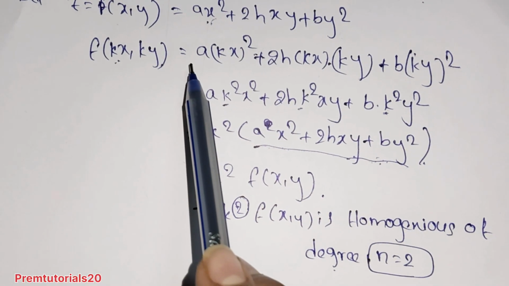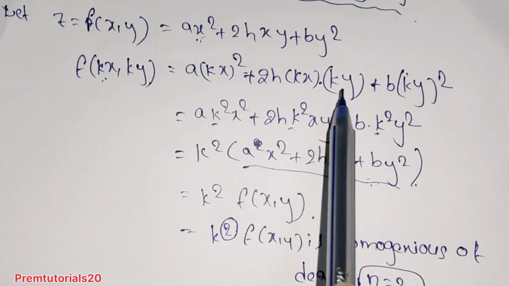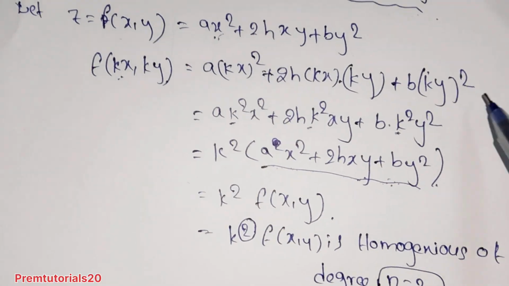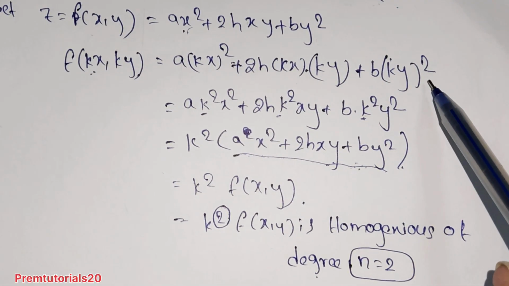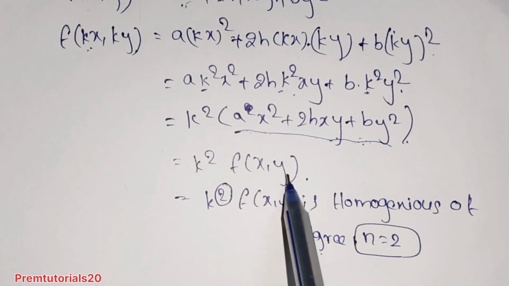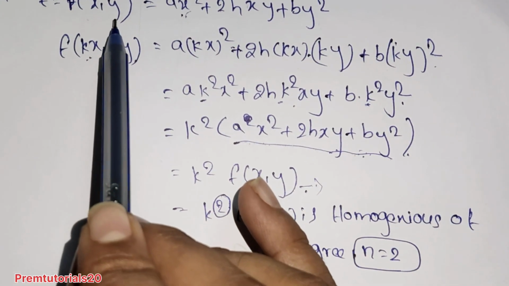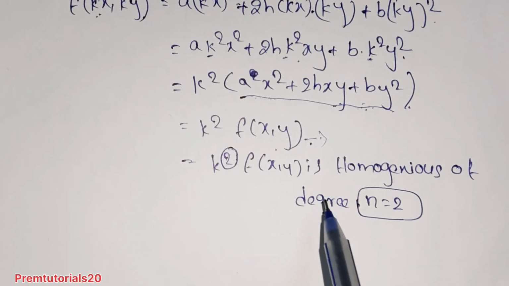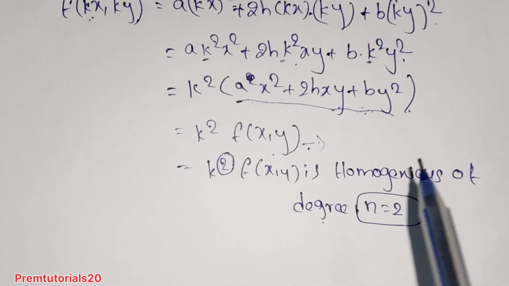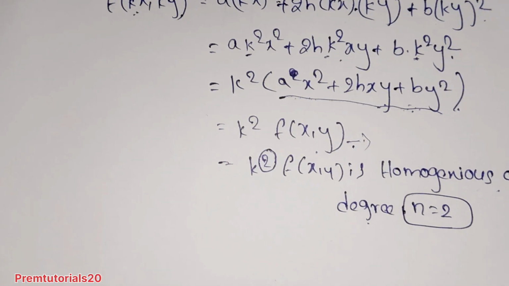Now the expression becomes a(kx)² + 2h(kx)(ky) + b(ky)². The expansion of ax² + 2hxy + by² becomes the function f(x, y). Clearly k² f(x, y) is a homogeneous function of degree n = 2.